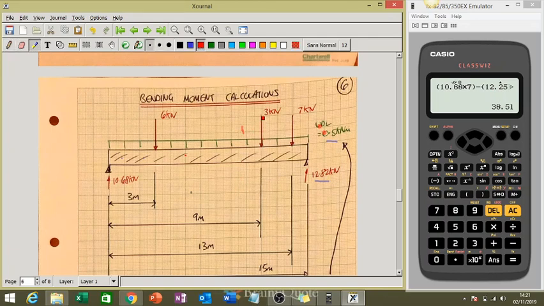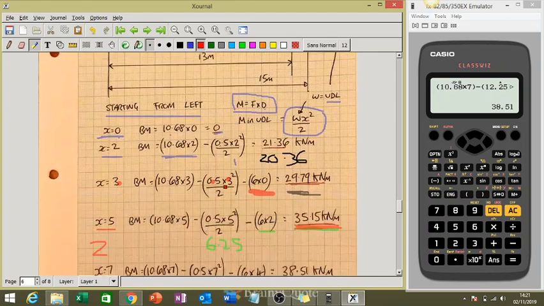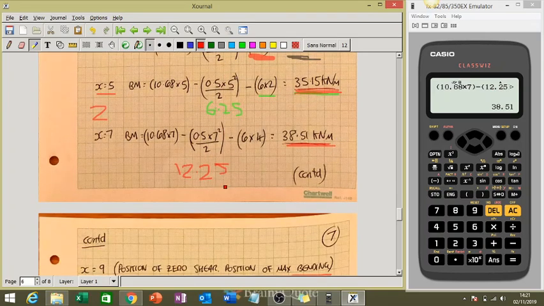I'm here. That moment produced by that force, that moment produced by that force, all of this UDL. That 3 there doesn't really affect because I'm directly below it, so there's no distance, so it's 0. But hopefully it's going to be our biggest number because it's the position of 0 shear force, which should be our maximum bending.